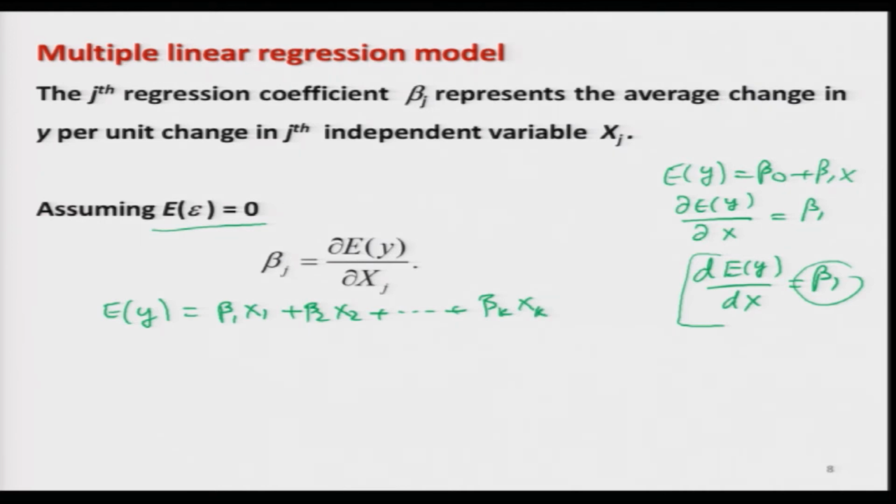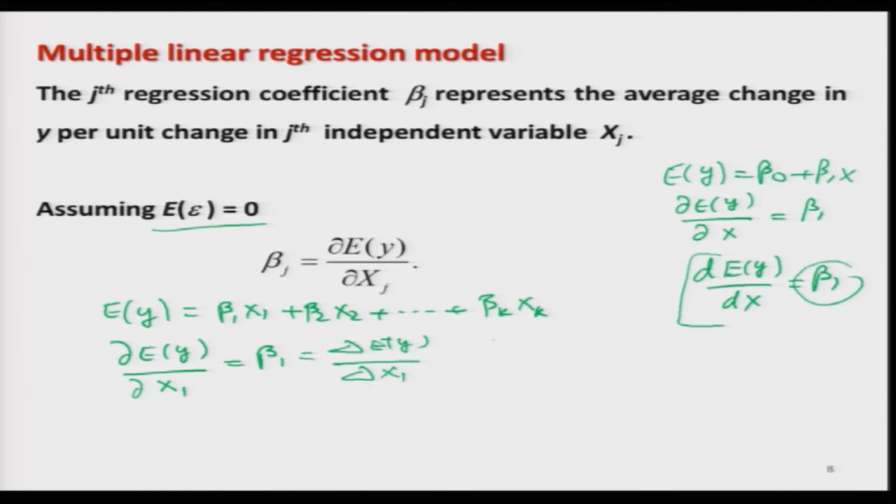And now if you partially differentiate expected value of y with respect to, say, x1, this will come out to be beta 1. So you can see that beta 1 is nothing but the change in the average value of y when there is a unit change in the value of x1. So this is the change, right.